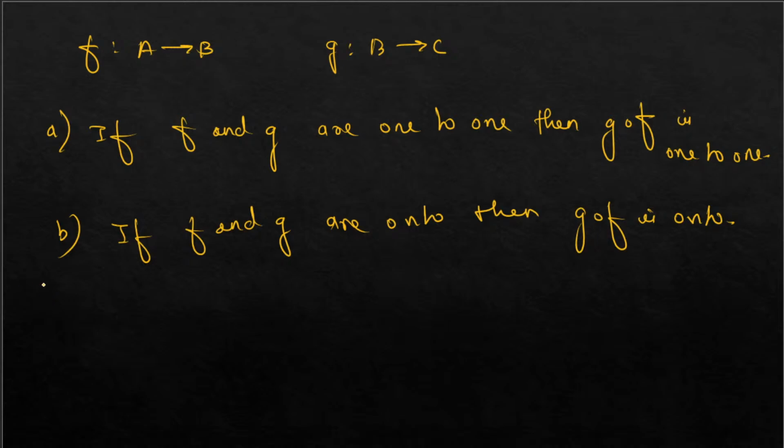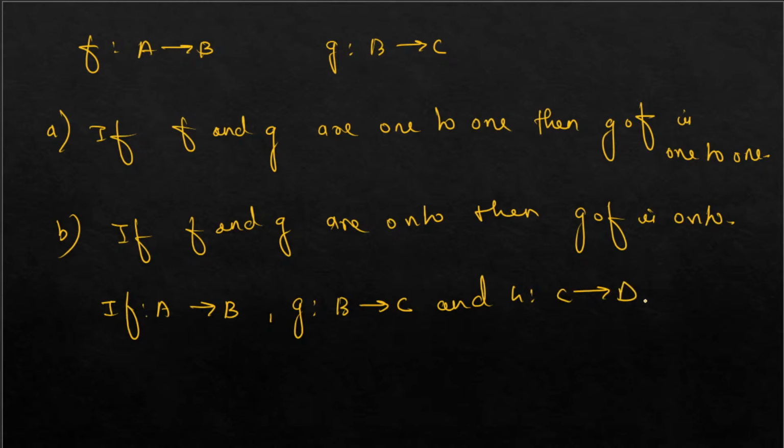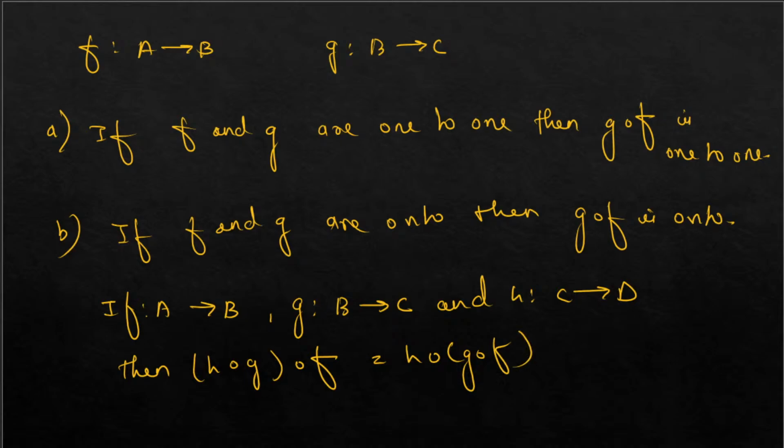Okay, and if f is A implies B, g is B function C, and h is C function D, then h of g of f equals to... okay everyone, so this is the property, and actually this is the associative property which you should note. So note this everyone.